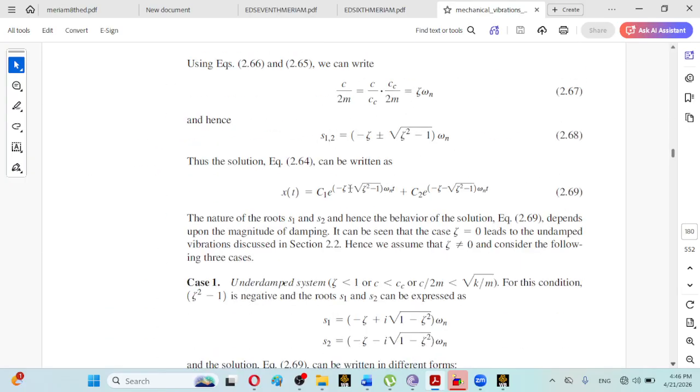This is the much simplified equation, so equation 2.69 is the general equation.